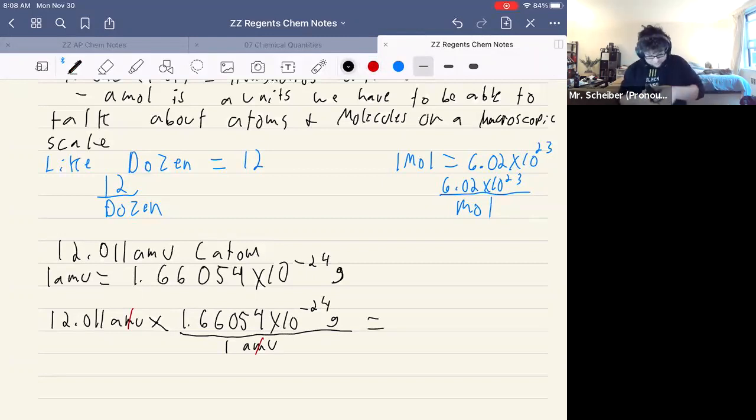This equals, handy dandy calculator, 12.011 times 1.6605 times 10 to the minus 24, 1.994474459 times 10 to the minus 23 grams of carbon atoms.